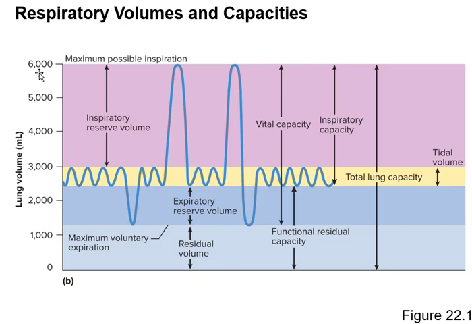For a little woman, it's going to be different. For a great big old 6-foot-something guy, it's going to be different. But on average, it's about 6 liters, or 6,000 milliliters.